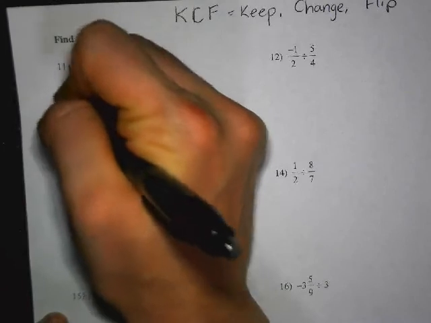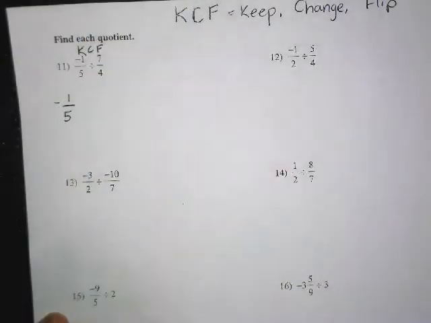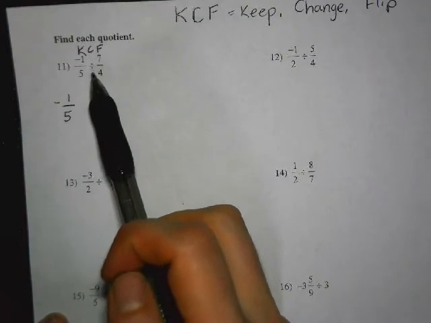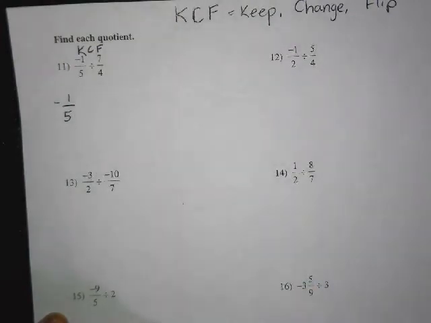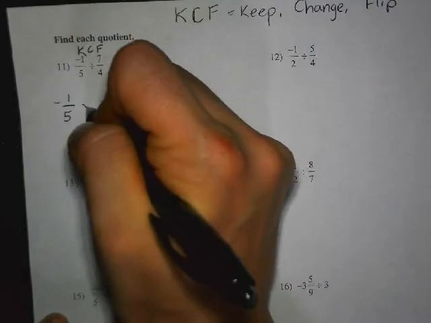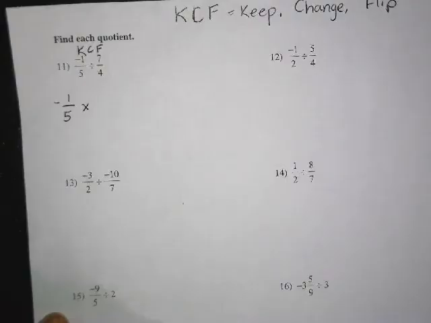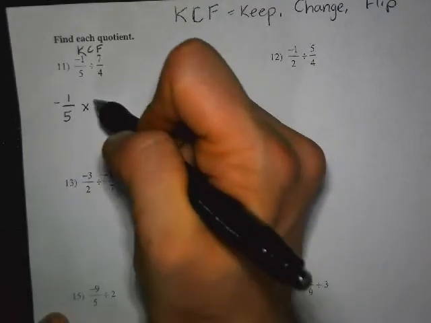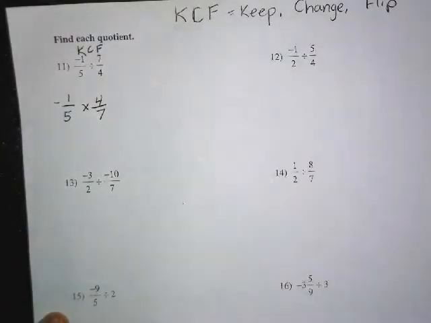So let's keep our first fraction the way it is. We're going to change our operation. So what is the opposite of division? Right, multiplication. So we're going to change that to the opposite, and then we're going to flip this last fraction. So 4 over 7 instead of 7 over 4.